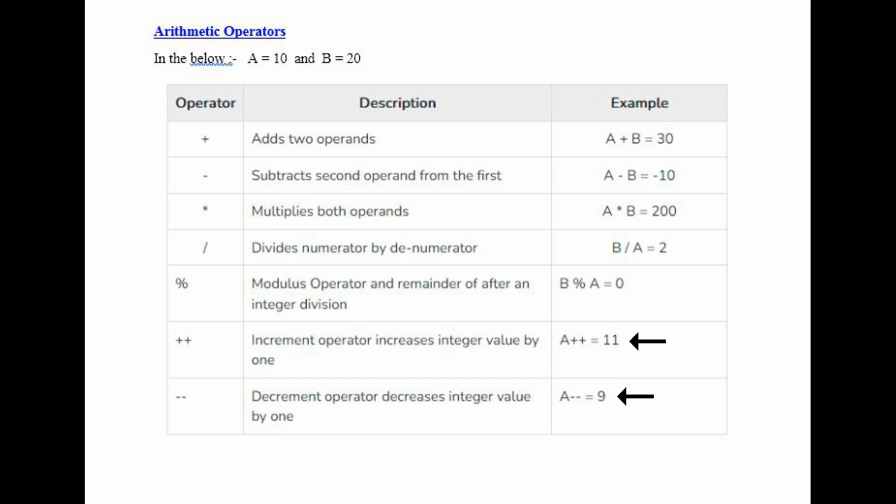And this is a perfect example of an operator that only requires one operand to perform its function, whereas here we can see we need two operands A and B in order to add values together.